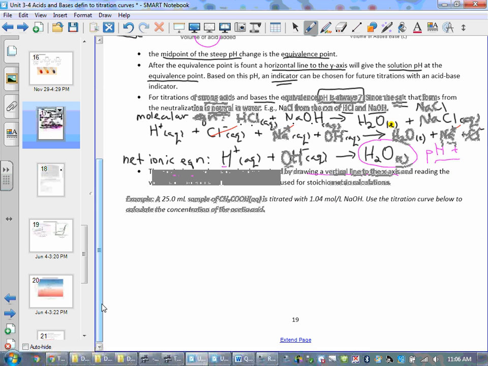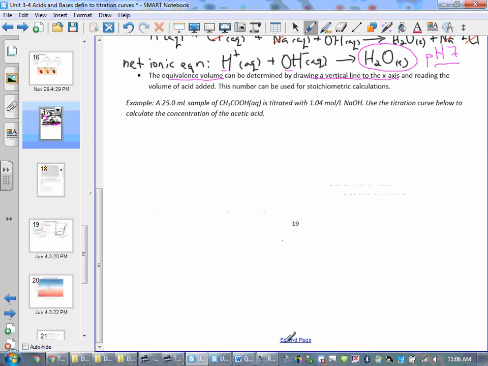Okay, let's do an example. We've got a 25 milliliter sample of this stuff. It's titrated with 1.04 molar of this stuff. We're going to use a titration curve on the next page to calculate the concentration of our acetic acid, which is this stuff.